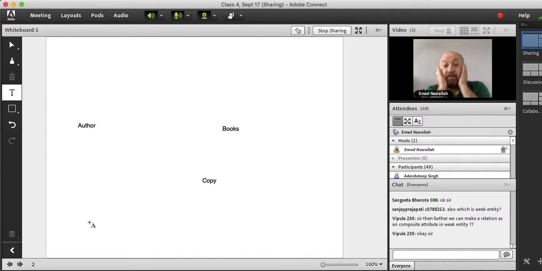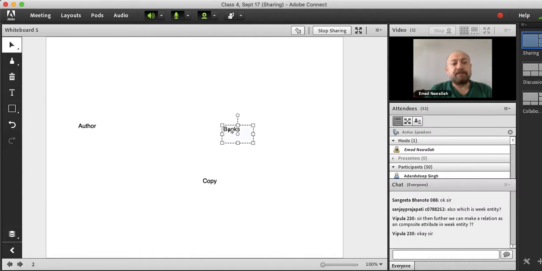Let's try to imagine a system of a library. In the library we have books. I will not call it books, let me call it book, because it has to be consistent. I don't say authors or copies, so let me say book, not books.